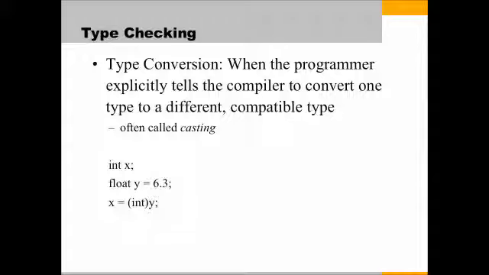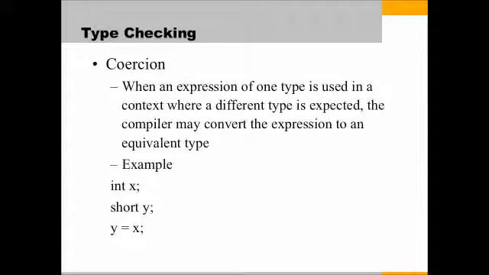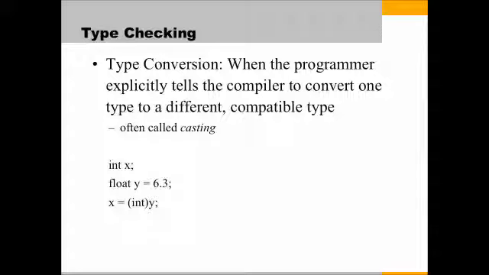When the programmer explicitly tells the compiler to convert one type to a different compatible type, we call it type conversion. When the compiler does it, we call it coercion. So it's a subtle distinction: if the compiler's doing the conversion, it's called coercion. If the programmer does it, it's called type conversion. And in C, the term casting is often used for that type conversion.